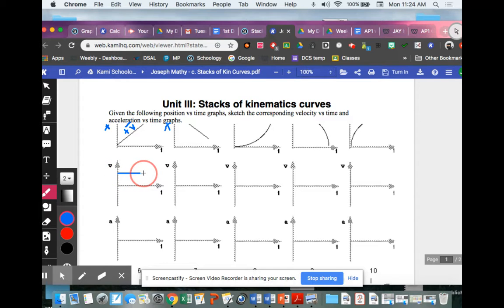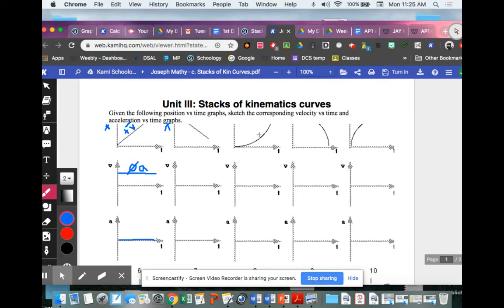So I go down here and I realize that the slope of a position time graph is velocity. So if that's positive velocity, I'm going to label it here. The slope of a velocity time graph is acceleration. And this is giving me no slope. So there's actually no acceleration. So I'm going to come down here and recognize it this way.